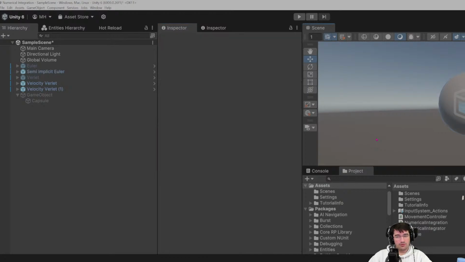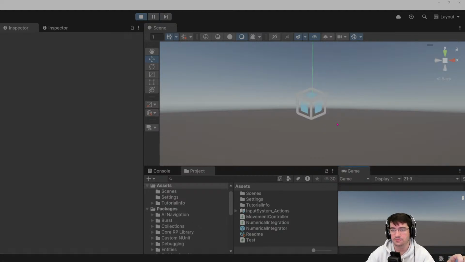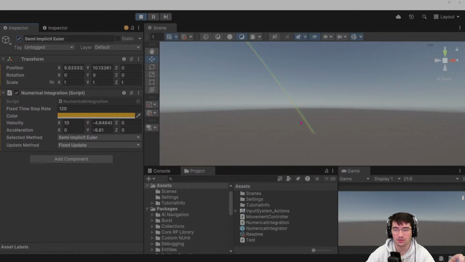Let's put all of them back again. Okay, so yellow and orange are the same exactly.